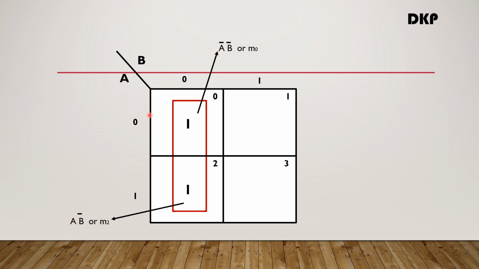So the first variable changes from a bar to a, and the second variable is constant. Here the second variable is b bar, here also it is b bar. Therefore, we can eliminate the first variable and retain the second variable. Therefore, the reduced expression is F2 is equal to b bar.